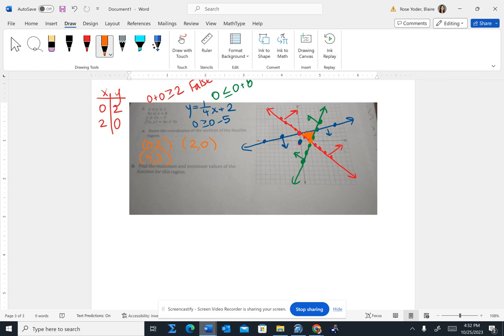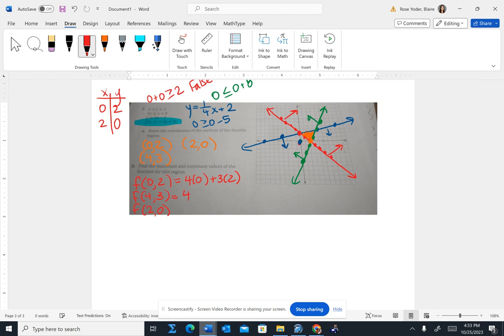So those are the vertices of the feasible region, which is the shaded region. And then it says find the maximum and minimum values for the function. So it's this function. So you find f(0, 2), you find f(4, 3), and you find f(2, 0). So I'm going to plug in 4 times 0 plus 3 times 2.